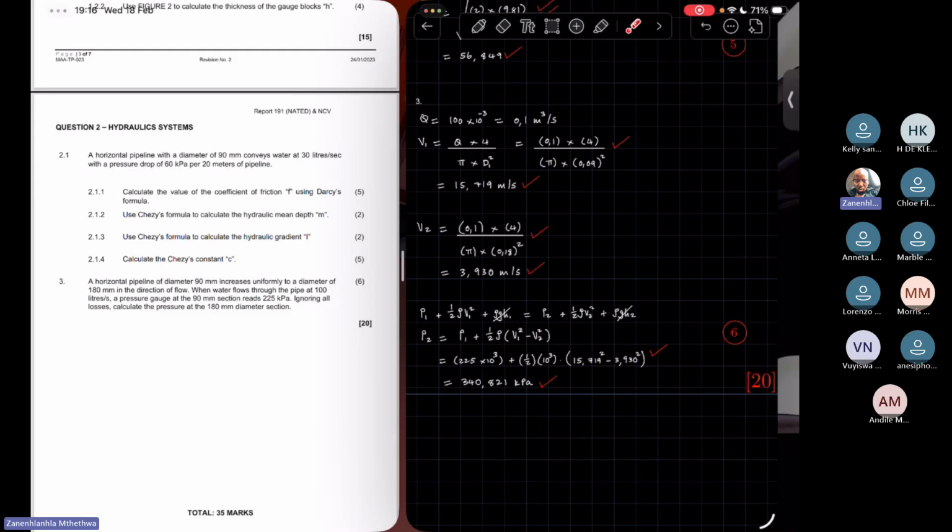P1 is 225 kilopascals that you convert to pascals. That is why I've multiplied by 1,000 here, times half rho. Rho you take as 1,000 if it's not been given. Then into V1 squared minus V2 squared. Then punching that in our calculators, this is what you should get. It's 240,821 kilopascals.